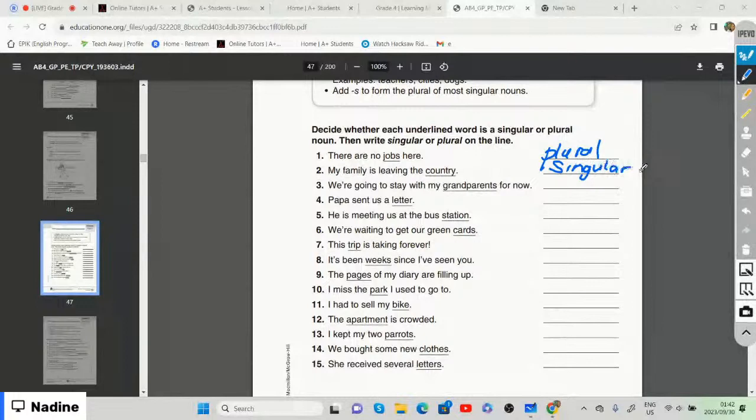We are going to stay with my grandparents for now. Grandparents for now. So grandparents, is that one grandparent or more than? Is it singular or is it plural?